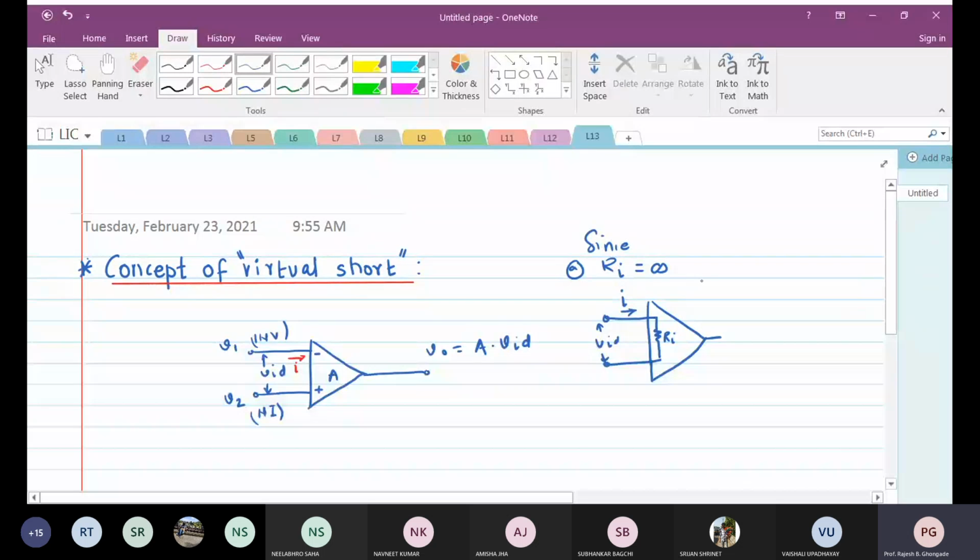Since Ri is infinity, I is equal to what? Ohm's law? Guys, tell me the answer. So zero. Absolutely zero, correct.